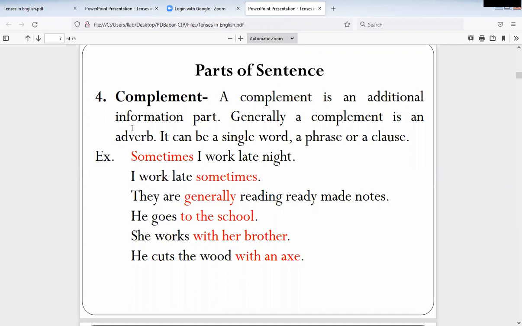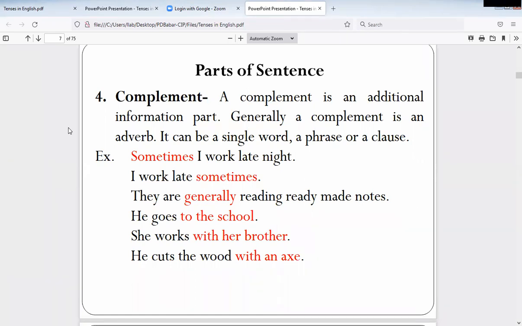Then it may be a phrase, like "instead of," "to the school," or "with the help of." These are called phrases because there are more than two words, and that phrase is also called an adverb phrase.